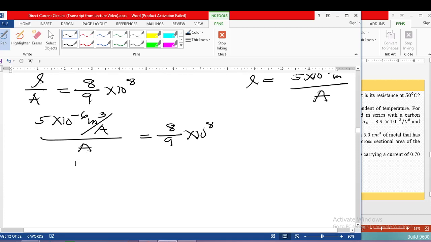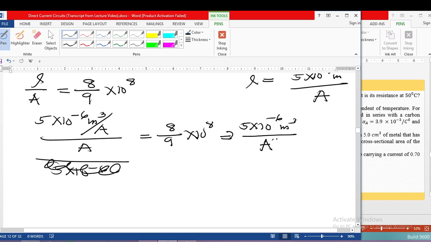So we have here, divide both sides by 5 times 10 to the negative 6. Okay, sorry. So I would just put A here. So this is multiplied. So 5 to the negative 6 cubic meter divided by A squared is equal to 8 over 9 times 10 raised to 8.